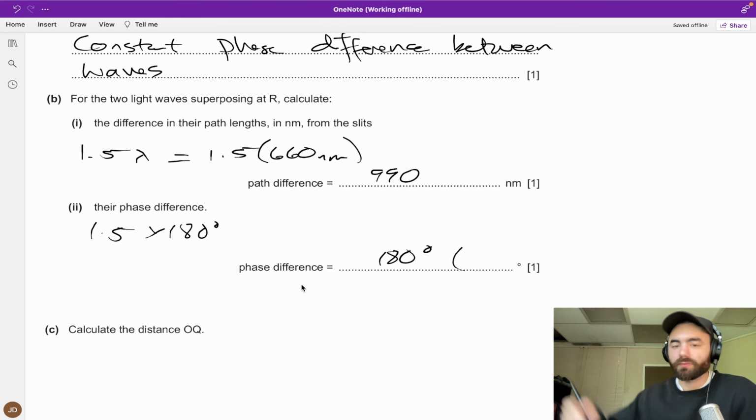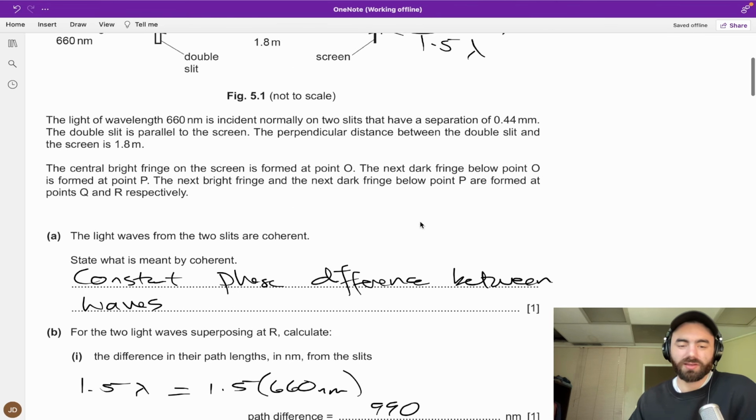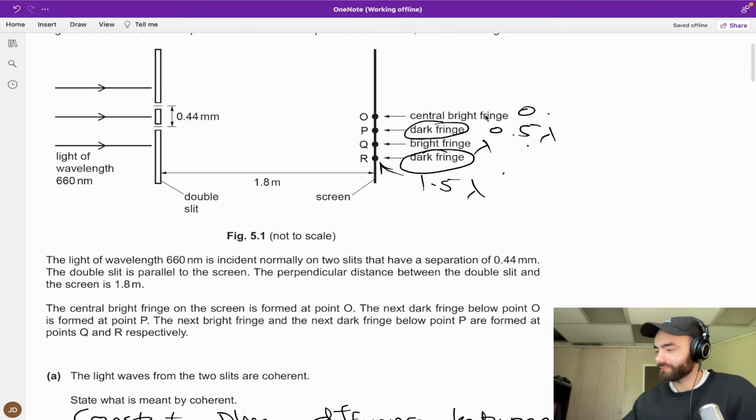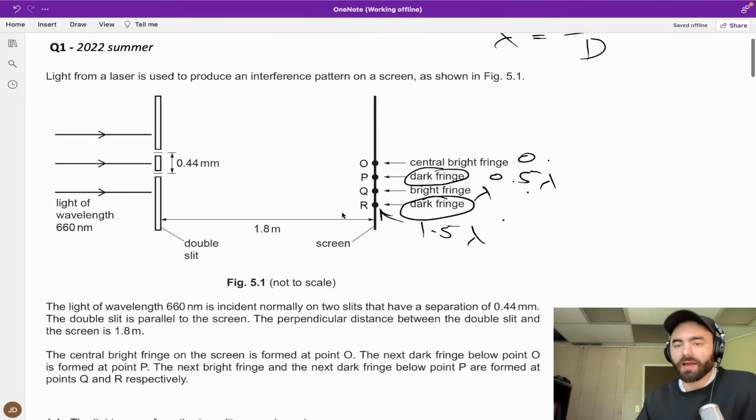They're cycling. But 180 is fine. Right, so they're out of phase by 180 degrees at these.